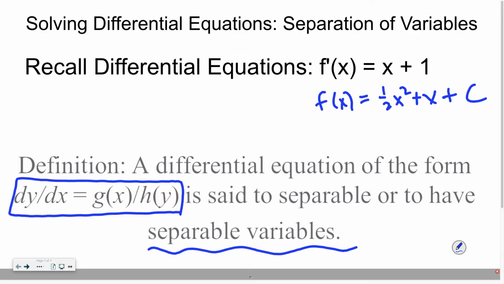If there are two functions, one involving x, one involving y, that are either multiplied or divided by each other, we can separate the variables so that x's are on one side and y's are on the other side, and that's why we would call them separable.